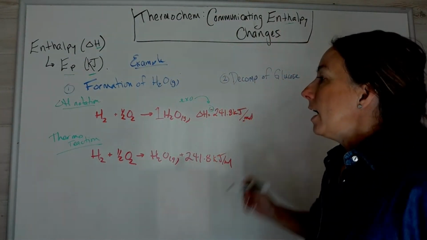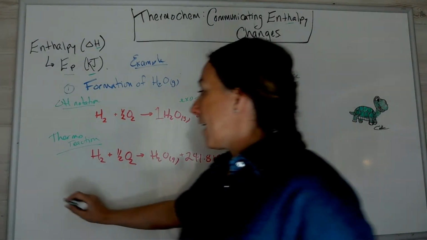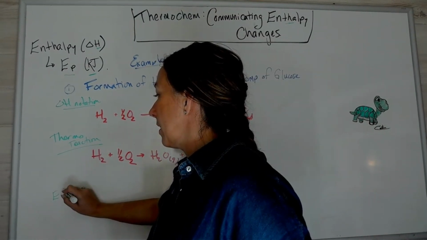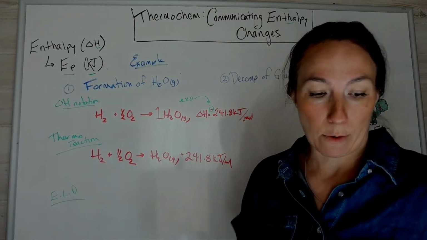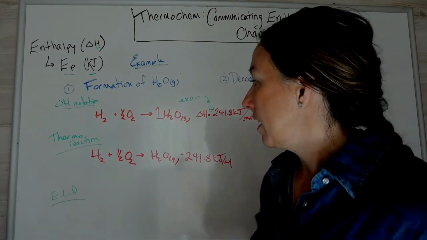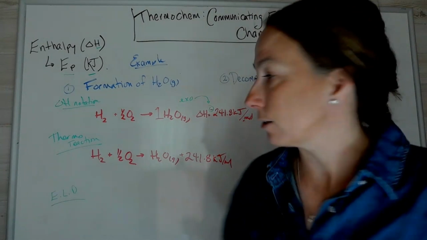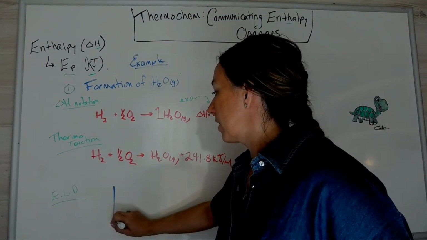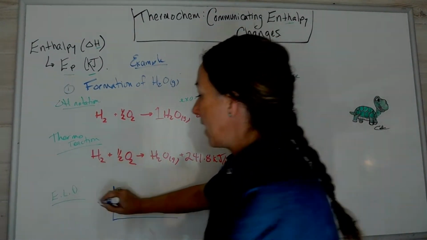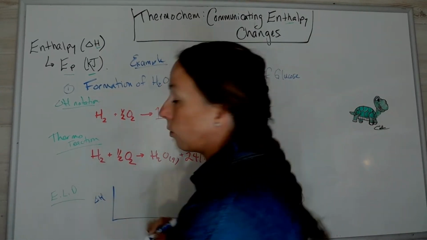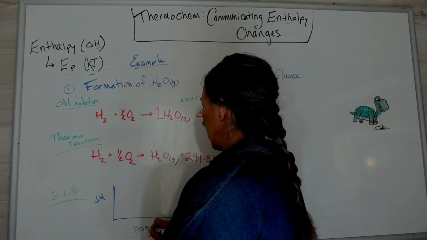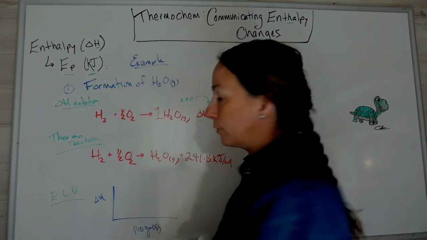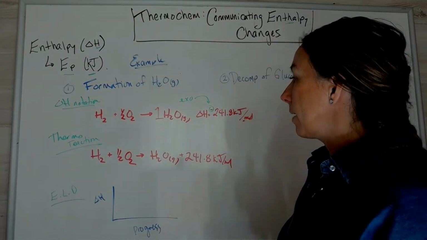And so the third way then is an enthalpy level diagram. In the enthalpy level diagram, a reminder that what we have is our energy level diagram, enthalpy level diagram, same thing, that this y-axis is delta H or potential energy, and this is progress, and I always have 2 shelves, my reactants and products.